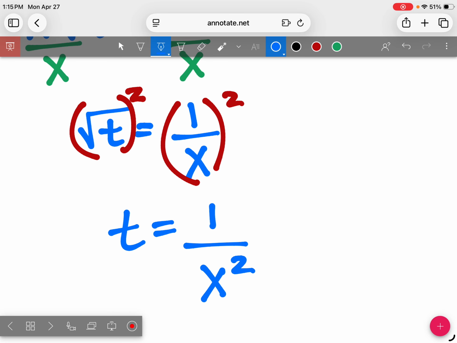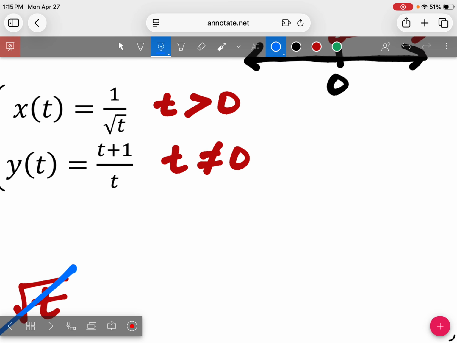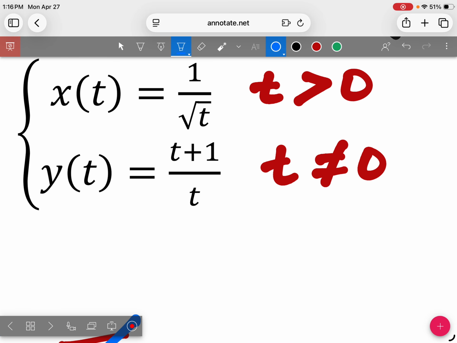Alrighty. So now let's take that and substitute it in y, but I want you to notice, see how there's 2 different places where there's a t? We have to put that in both places.